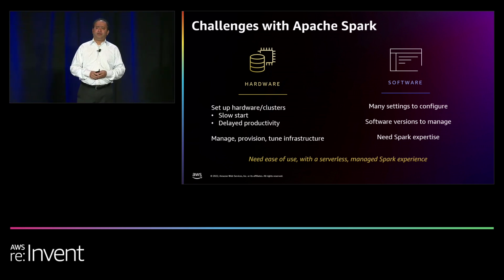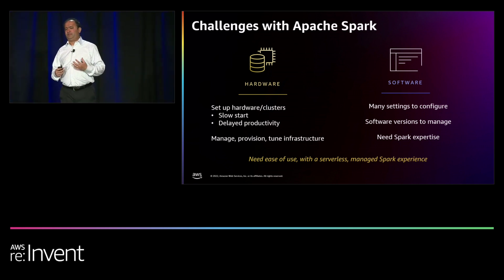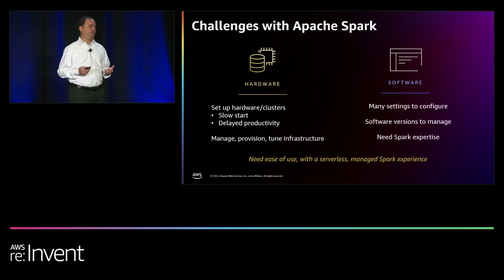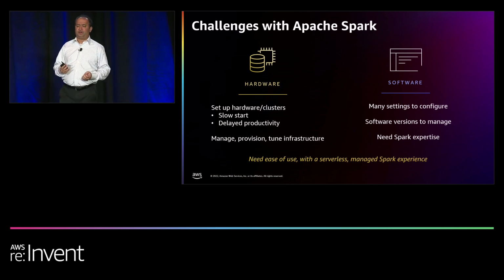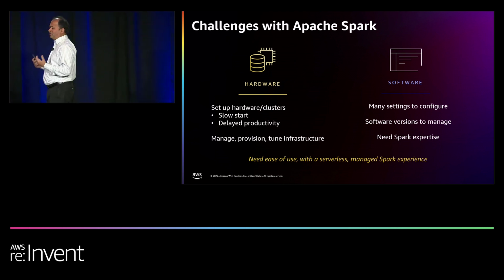Apache Spark is great, but again there are a couple of challenges that customers run into. You need to set up the hardware and software infrastructure. On the hardware side, you need to provision clusters. This becomes challenging when you talk of interactive applications. If you are running the same batch application day in and day out, you have a good sense of what your hardware requirements are.